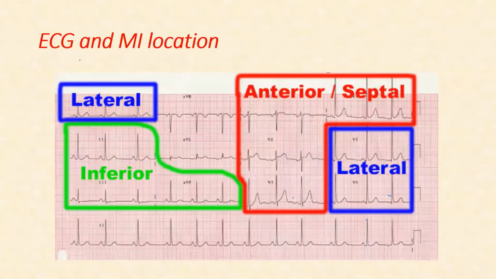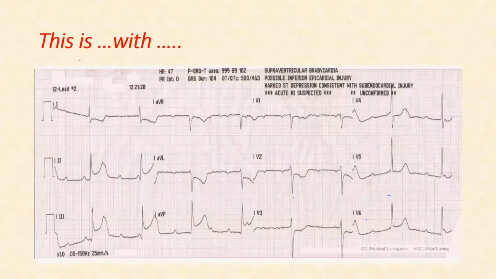Okay. Now, the location of the myocardial infarction: anterior, septal, lateral, and inferior. Now, I need somebody to read this ECG for me. Who can read it?